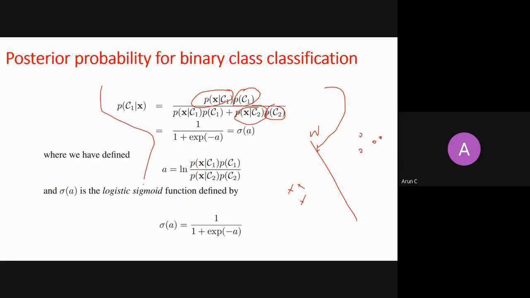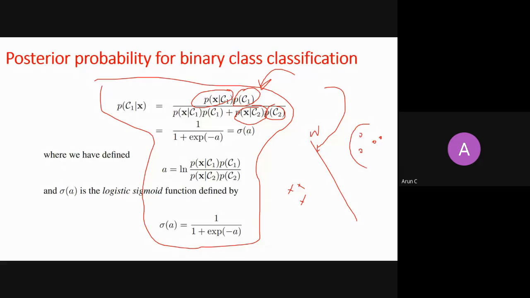So we need to assume some conditional distributions here. Just to agree with this structure, I say that this class is Gaussianly distributed and this class is also Gaussianly distributed. This is my assumption, right? The moment I take this assumption, how can I show my class C1?